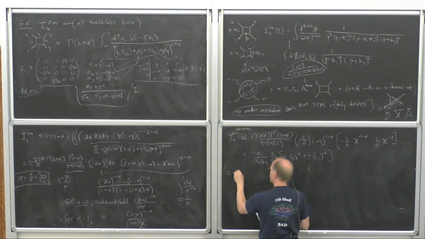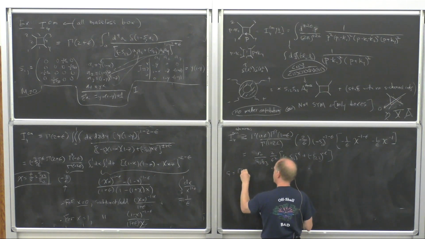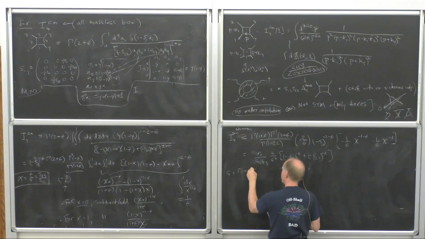And this R gamma is just some combination of gamma functions you often get at one loop.